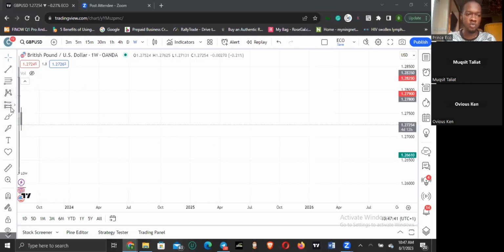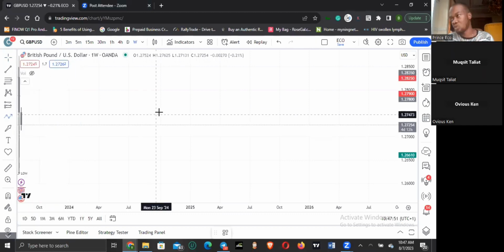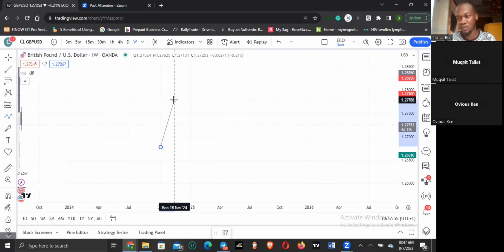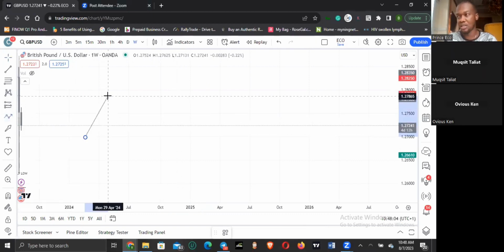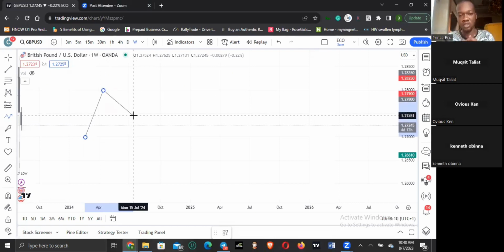So before we look into this market or the analysis today, I want us to understand something, which is market structure, to know the direction of the market. That's just what it's all about. We have different types of market structures. We have the uptrend, we have the downtrend, and we have the ranging markets. So firstly, before you analyze any market or start calling out signals or taking any trades, it is important you know the direction of the market.